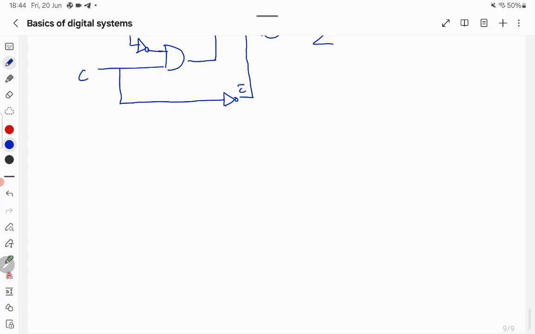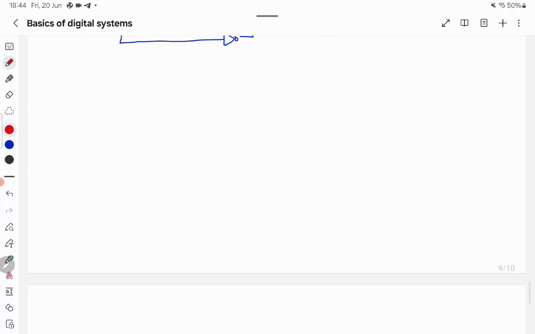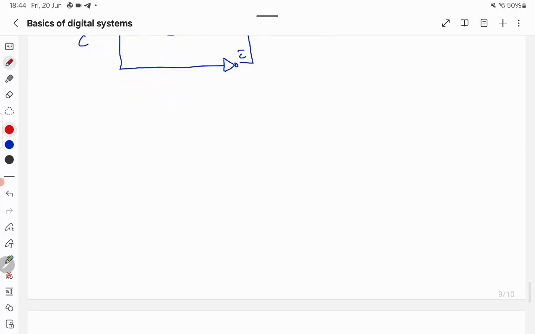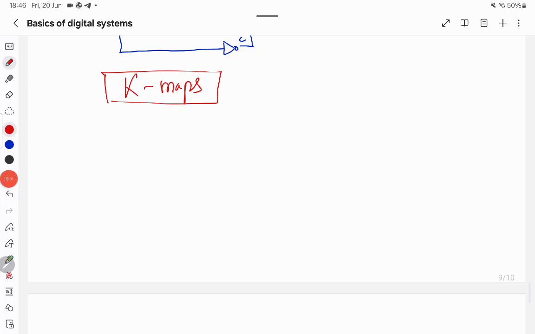If we move to the next concept, which is the K-maps. We basically use K-maps to minimize our terms, to get the minimum terms and maximum terms. So let's say we have a function f(a, b), which is written as the summation of small m 0 to 3.